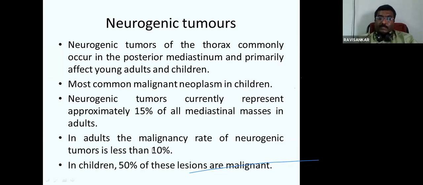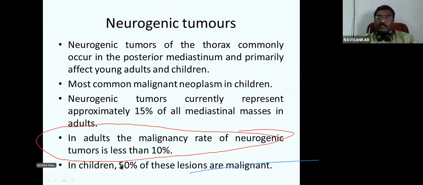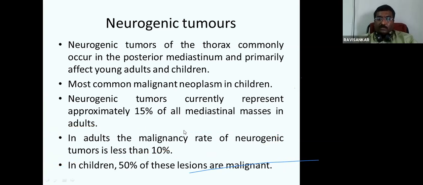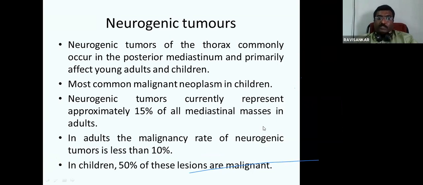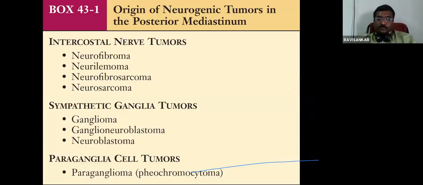In adults, the malignancy rate is 10%, whereas in children, 50% are malignant. In children, 50% of lesions are malignant.